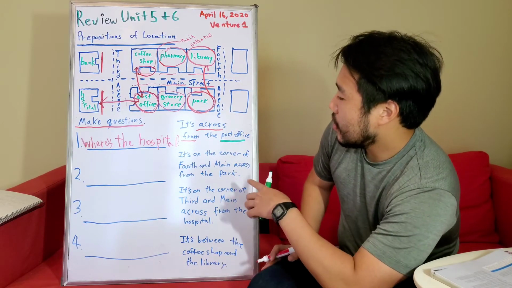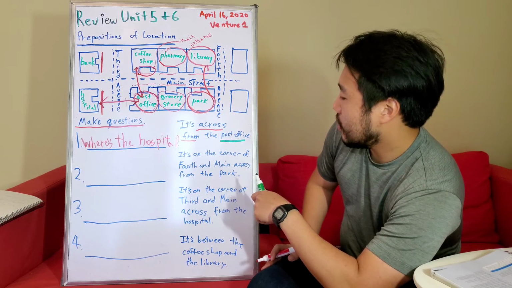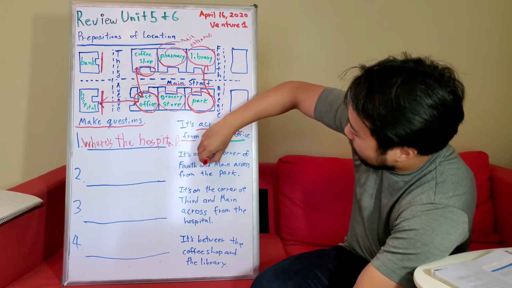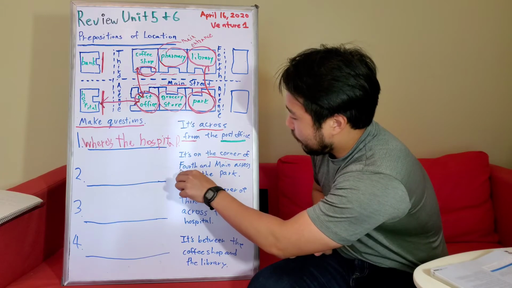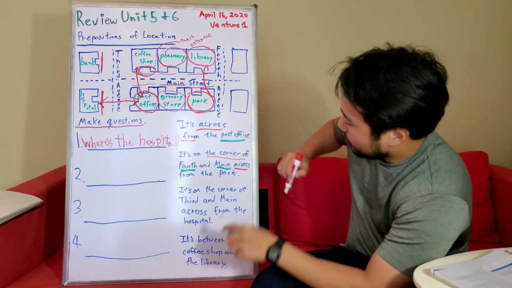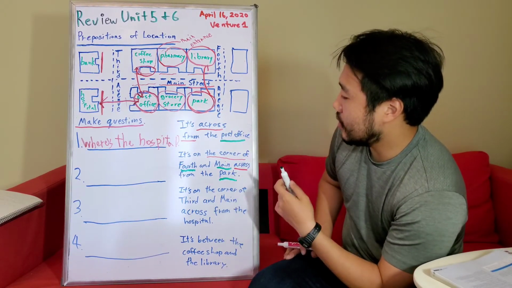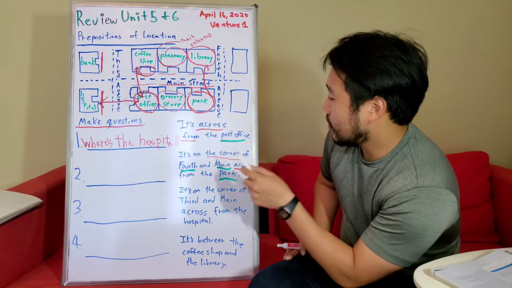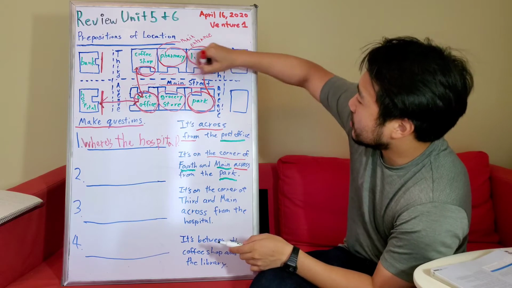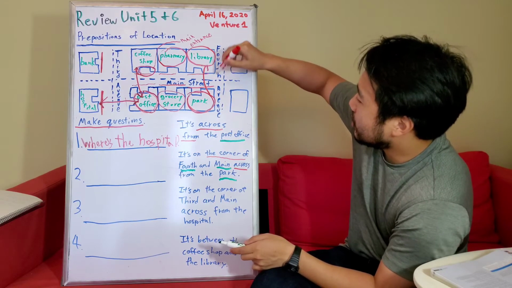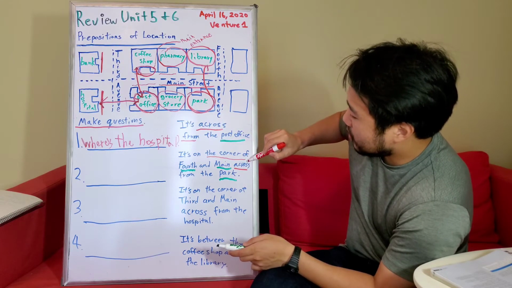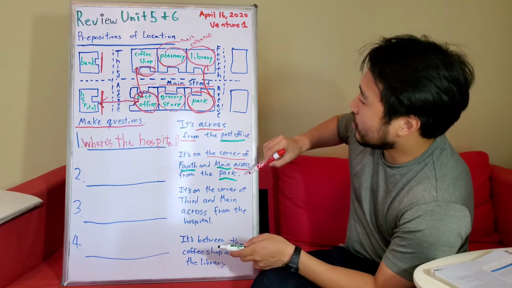Number 2, it's on the corner of 4th and Main, across from the park. So we have a preposition, on the corner of 4th and Main, across from the park. So let's find the corner of 4th and Main first. So 4th is here, and Main is here. So we're looking at the corner here. And then it says across, and there's another preposition, across from the park.